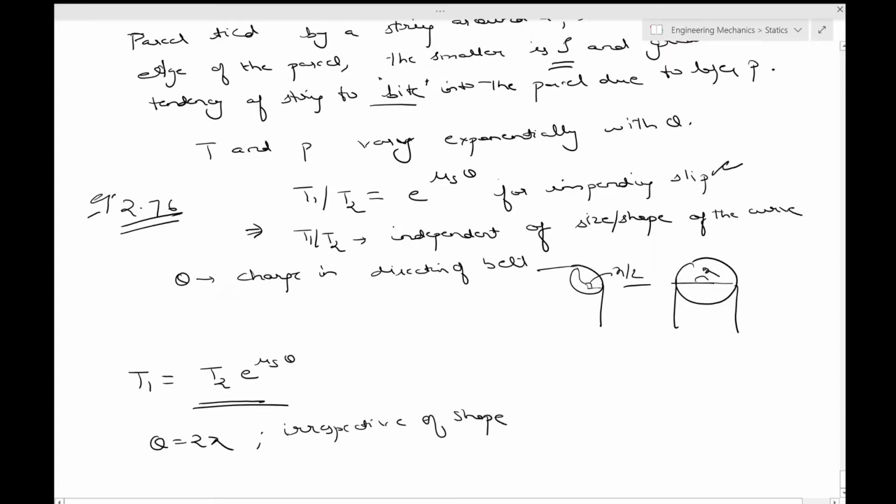You have to measure theta as the change in direction of the belt. Don't get confused about the shape. Many times, due to design reasons, the shape may or may not exactly be like the one which you see on your screen. Anyways, so theta is equal to 2 pi, for example, in one case.